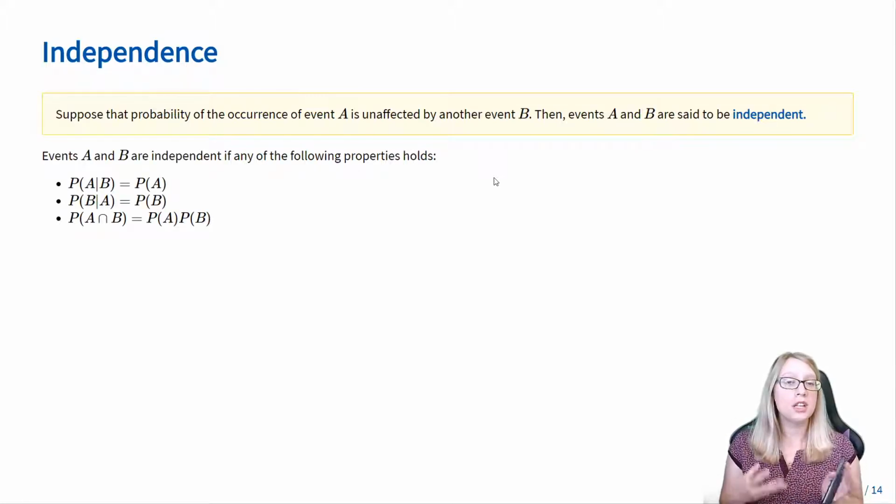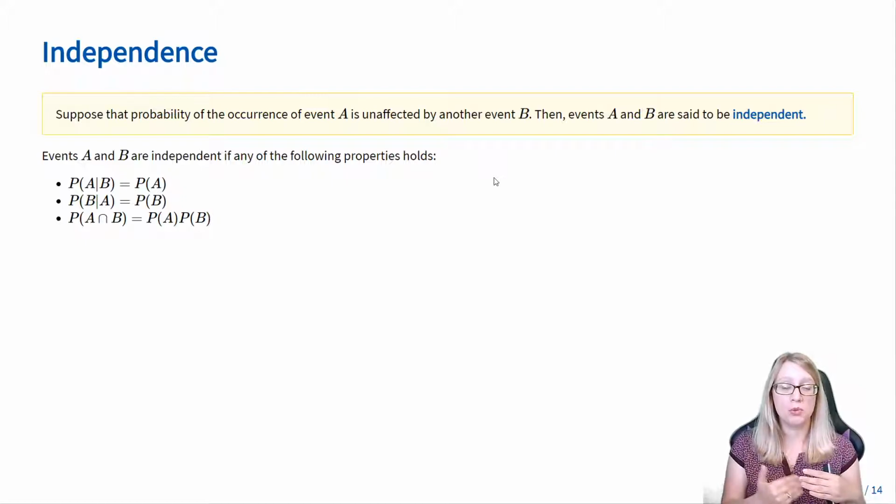Now we can use conditional probability as a check for independence. So for example, if two events A and B are independent, then the conditional probability of A given B should be equal to the probability of A. That conditioning has not affected the probability that A occurs. Similarly, the probability of B given A should be the same as the probability of B.